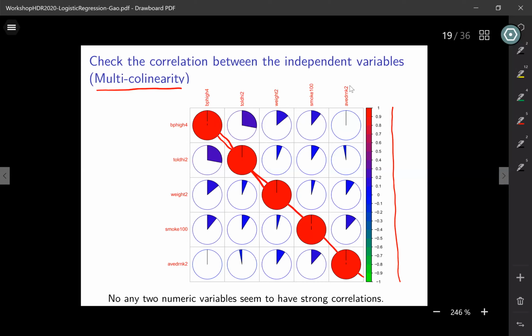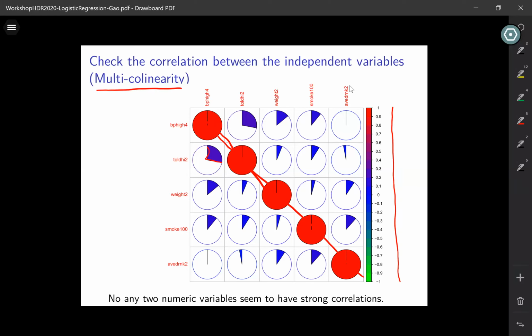And the area represents the magnitude of those correlations, right? After I check this, most of the correlations are between 0.1 and 0.2. This means none of the two variables are strongly correlated, so we don't have to worry about the multi-collinearity issue for now.